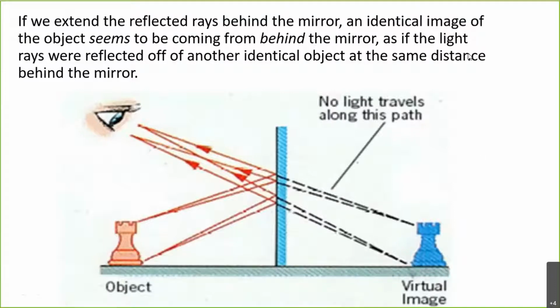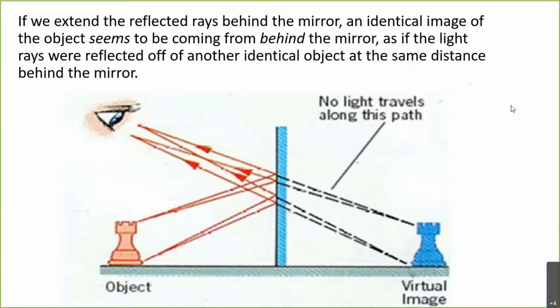Okay? So if we extend the reflected rays behind the mirror, an identical image of the object seems to be coming from behind the mirror, as if all the light rays were reflected off another identical object that's at the same distance behind the mirror. So if I was looking directly at an object identical to this one, and it was in this exact same place, these broken lines would represent the path that the light rays would take when they bounce off of that object and enter my eye.